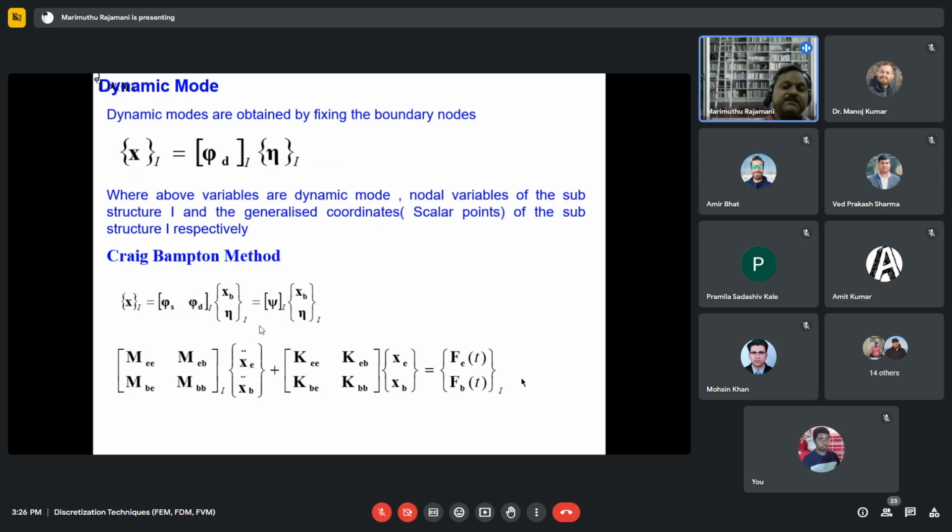Then that will be supplied to the wing group, and using the mode shapes of the interface nodes, they can extract the mode shapes of the wings.